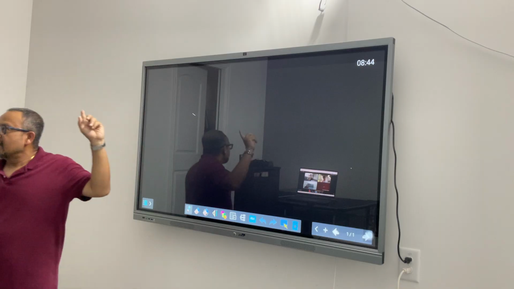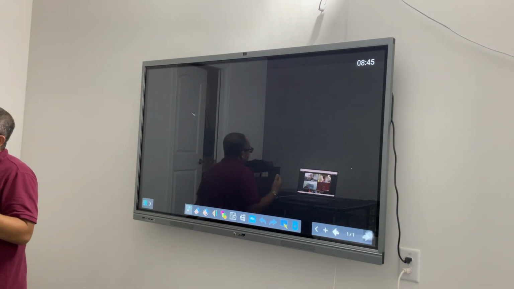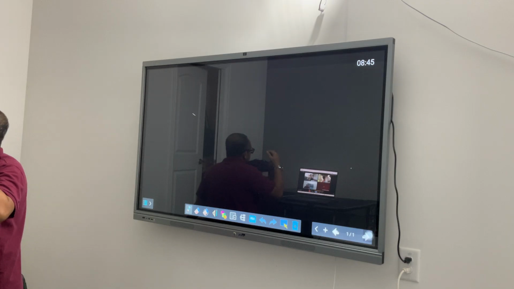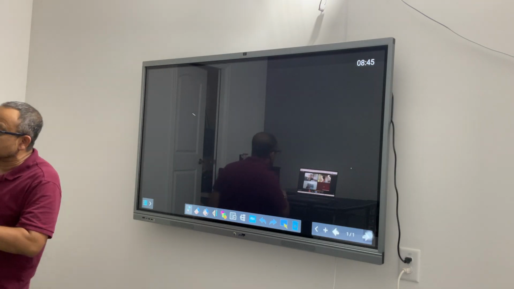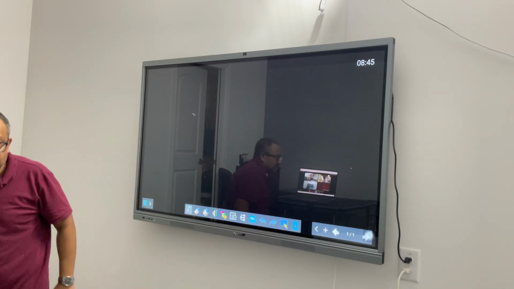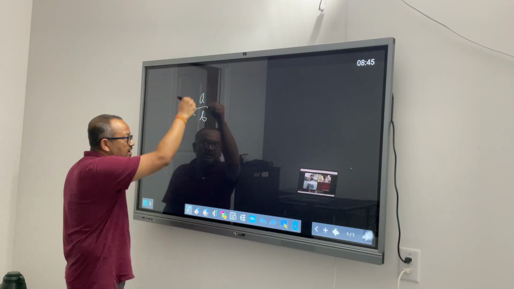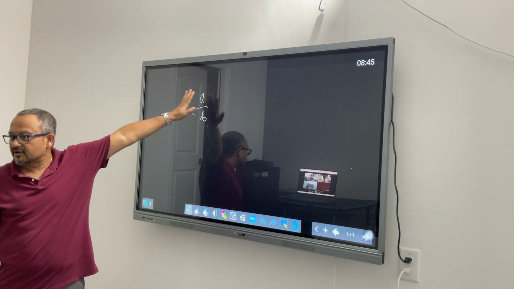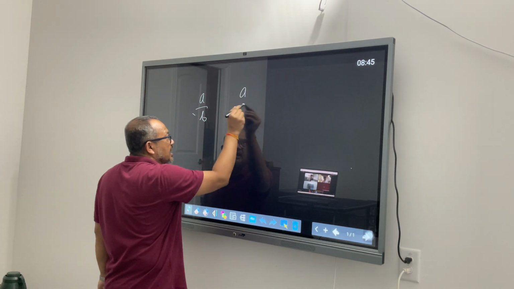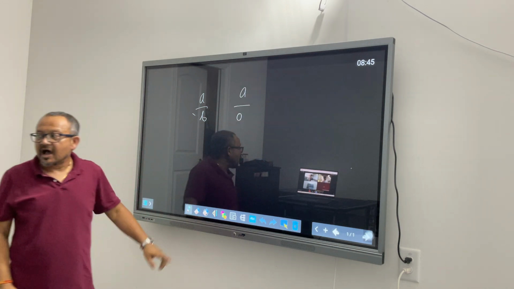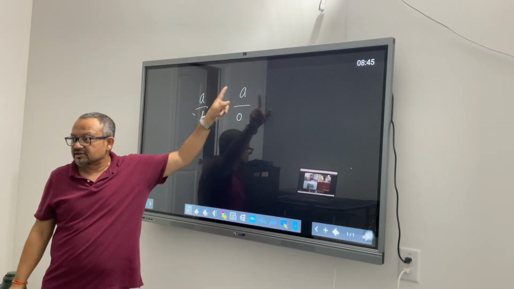Next thing is, based on the value for which I am trying to find out the limit, I will look at my numerator and denominator, and then we are talking about three scenarios. When my numerator and denominator, based on the value, are both real numbers, my value of the function and the limit are the same. If my numerator and denominator is like this, I will check if I am approaching the right limit from both the sides or not.